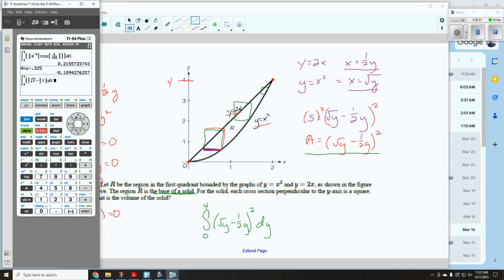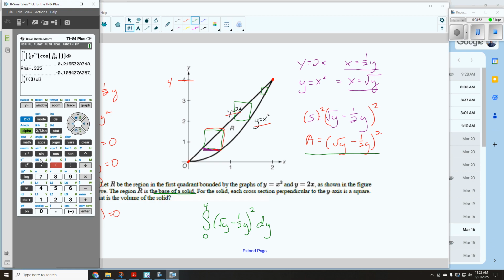Oops, see, I forgot again. I needed to square this. Let's see if I can fix this up here. Put a parentheses and 1/2 x squared. No, it doesn't do it. Okay, pause. I'll fix it. I'm going to let you watch me fix it, or try to. So 0 to 4.